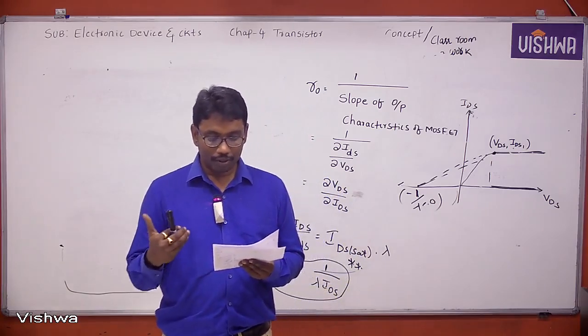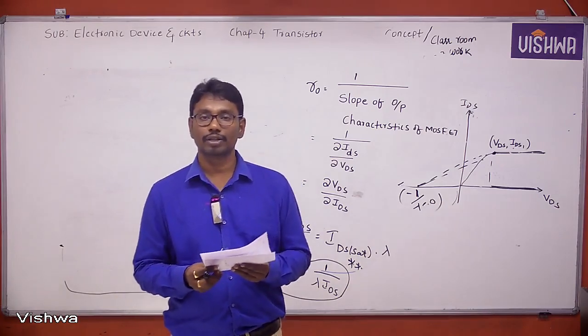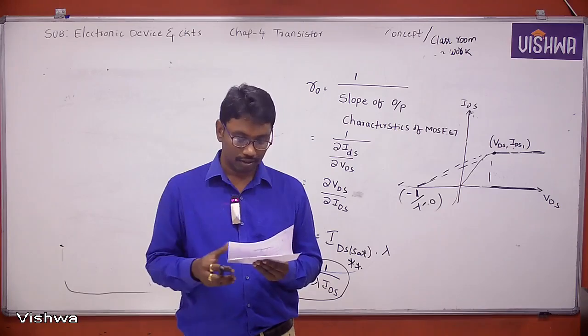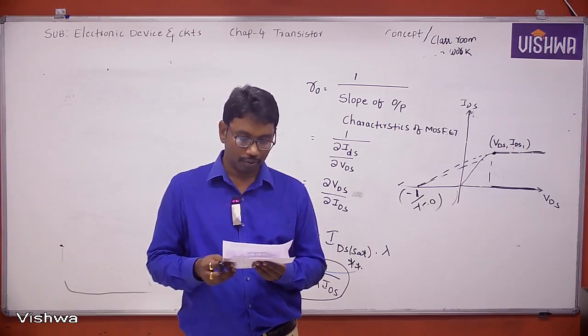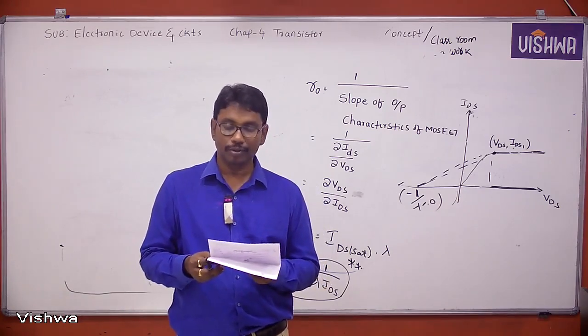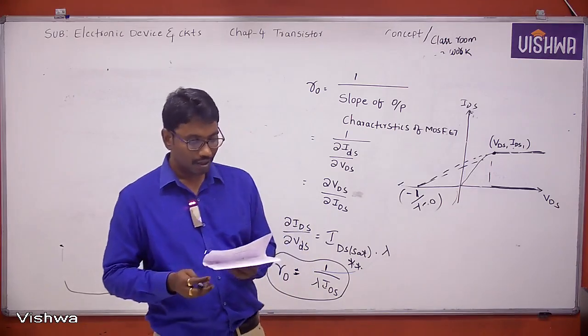If the channel length modulation coefficient is 0.05 volt inverse, the output resistance in kilo ohms of the MOSFET is?